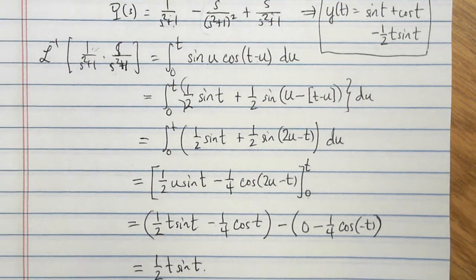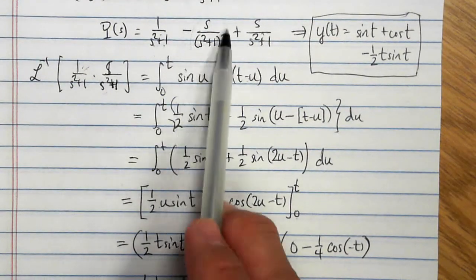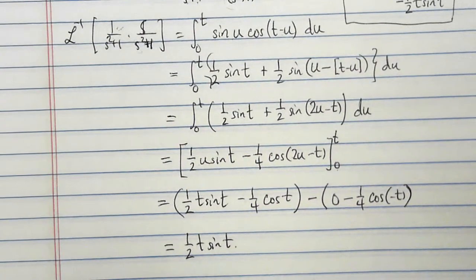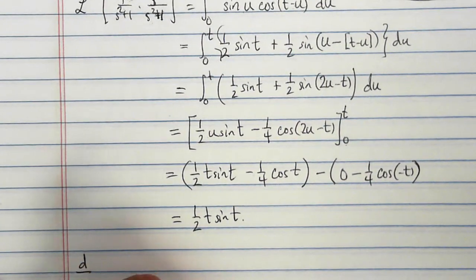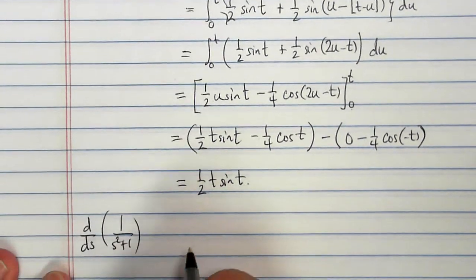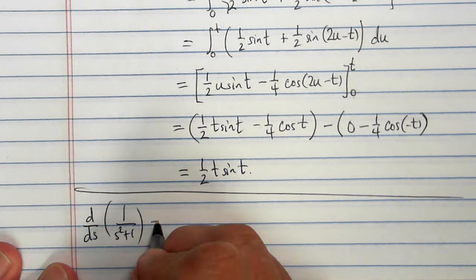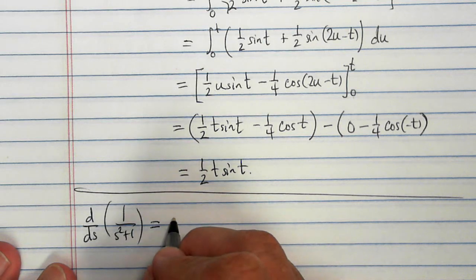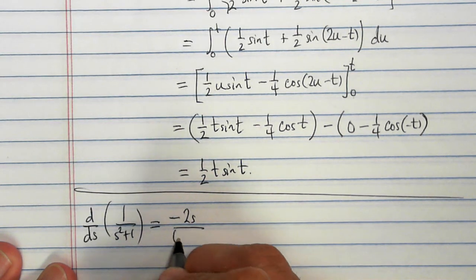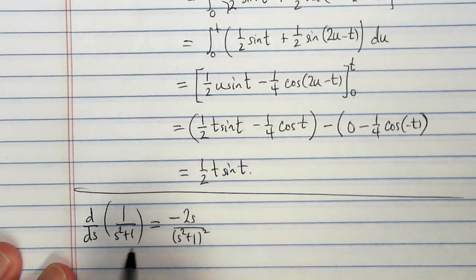Okay, now I alluded that there is an alternate way to figure out the inverse Laplace transform of this, and it's as follows. If I take the derivative of 1 over s squared plus 1, that's equal to negative 2s over (s squared plus 1) squared. So this is (s squared plus 1) to the negative 1. That's going to be negative (s squared plus 1) to the negative 2 times the derivative inside, which is 2s.